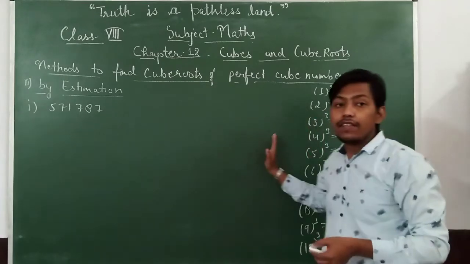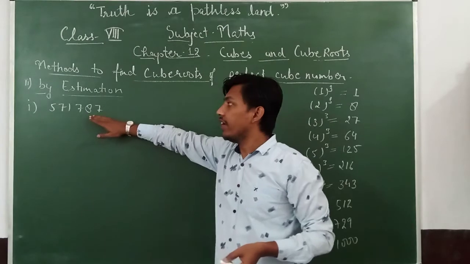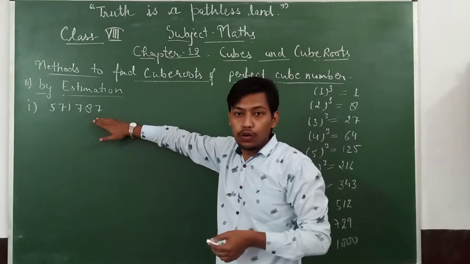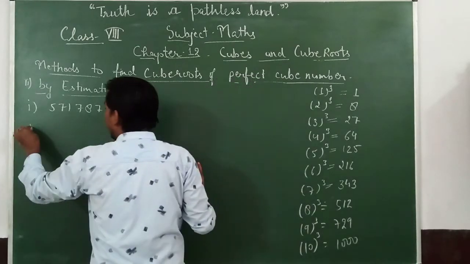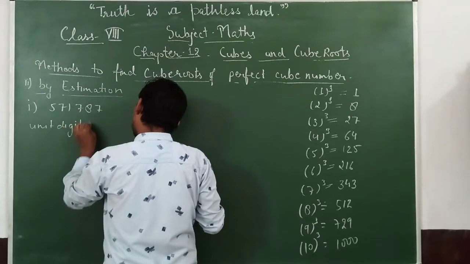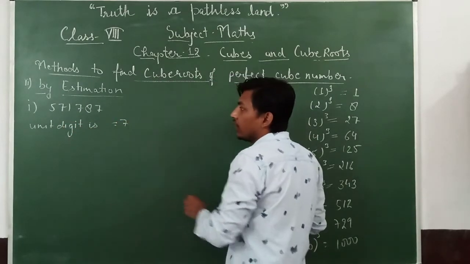To simplify this process, the unit digit of the given number decides what will be the unit digit of the cube root. Here the unit digit is 7.